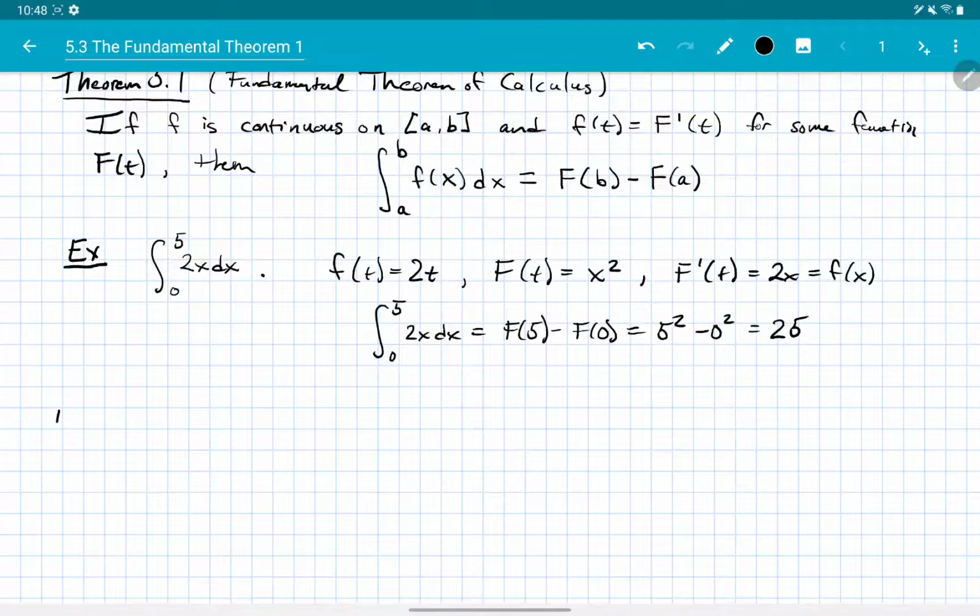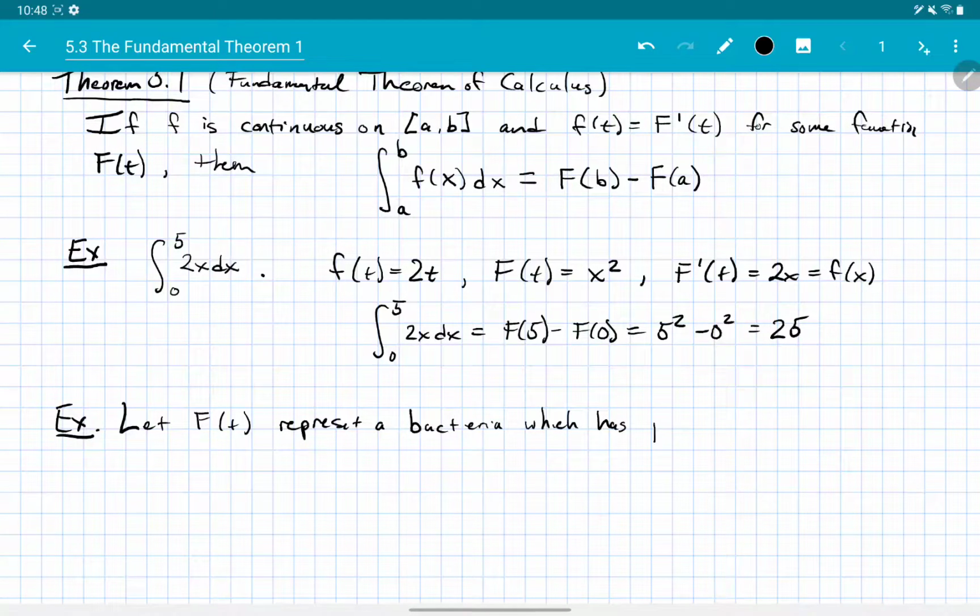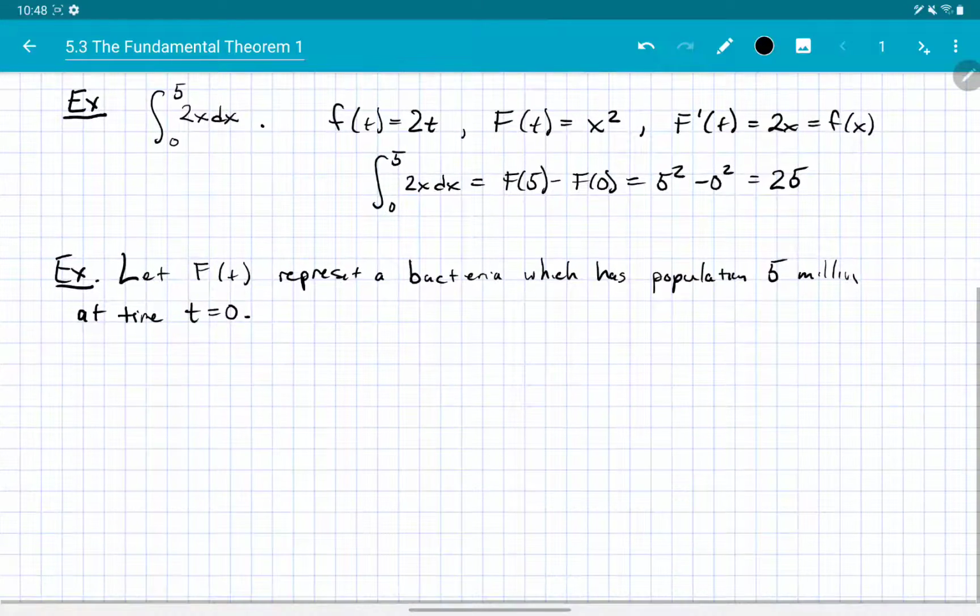Let's do a word problem here. Let capital F of t represent a bacteria which has population 5 million at time t equals 0.